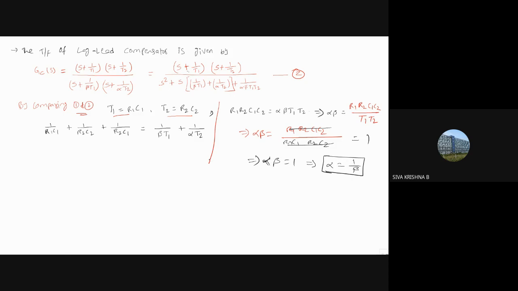Now substitute this alpha equals 1 by beta in the above E naught of S by A of S, the second equation. Don't expand this one. Substitute directly here.